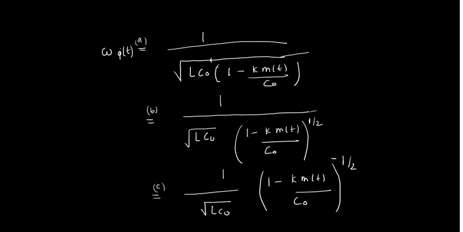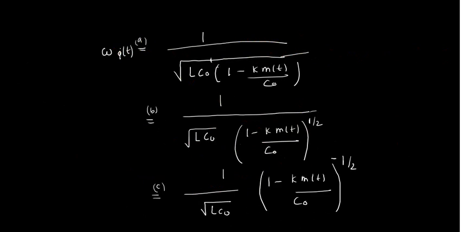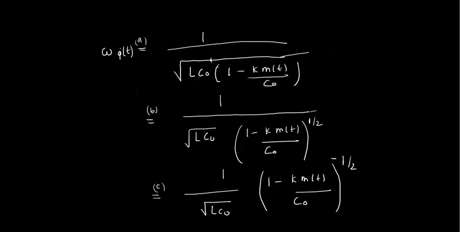So the instantaneous frequency in radians per second, just it's not in hertz, in radians. So omega i is 1 upon root L C0 (1 minus k m(t) by C0), right? I have just taken this C0 outside from this internal bracket. So root L C0 (1 minus k m(t) by C0).